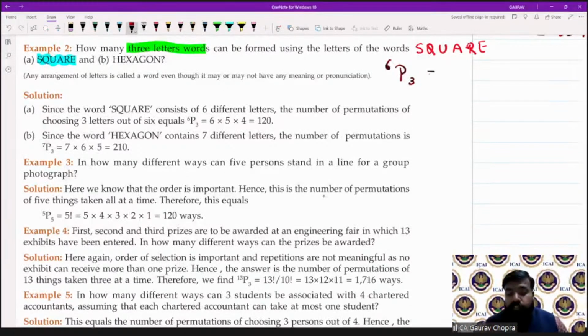So we can solve 6p3: 6 multiplied by 5 multiplied by 4. It becomes 120. So 120 words can be formed using 3 alphabets from SQUARE. We have to simply use 3 letters, therefore 6p3 is written.